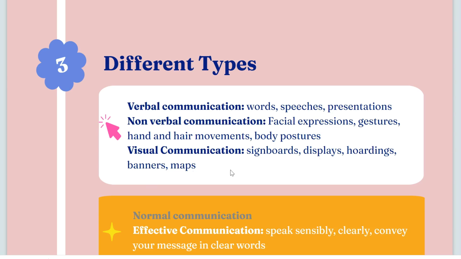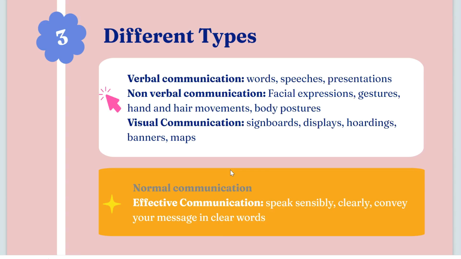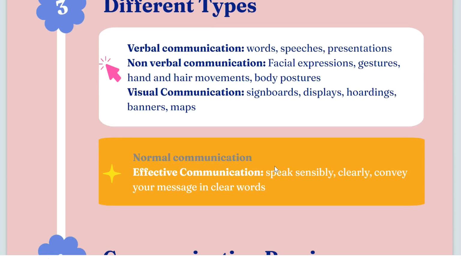Communication is divided into normal communication and effective communication. Effective communication needs you to speak sensibly, clearly, and convey your message in clear words, and effective communication can be challenging, especially as students will prefer different communication methods.